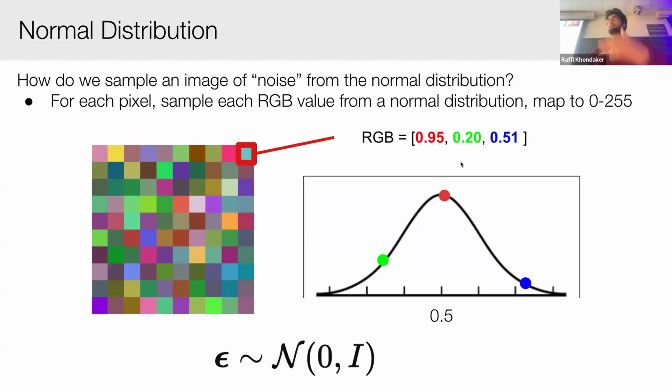Like we could say the lower bound, around -5, maps to 0, +5 maps to roughly 255. You can just have some arbitrary mapping, right? But that's how you sample images from a normal distribution. Does that make sense? Every single RGB value, you sample from the normal distribution.